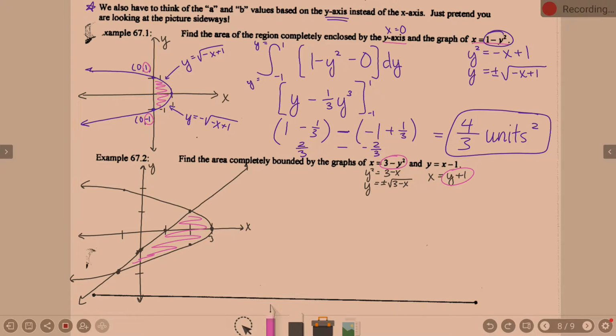What about boundary points, my A and B points? You're looking for where these two curves intersect. So the top point is at, what is that ordered pair? 2, 1.